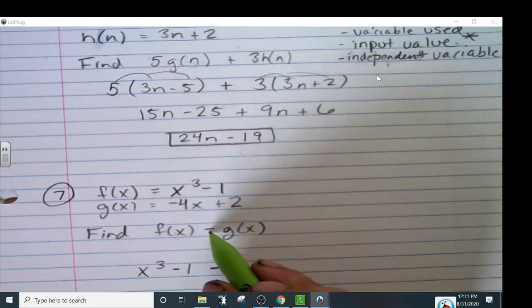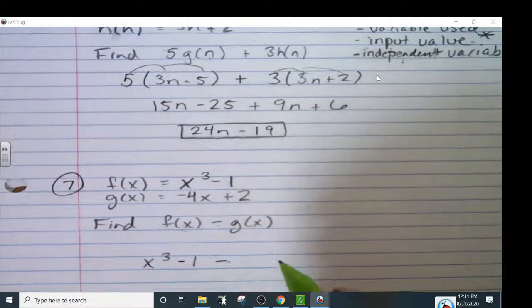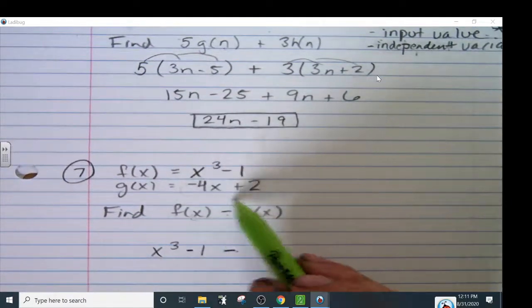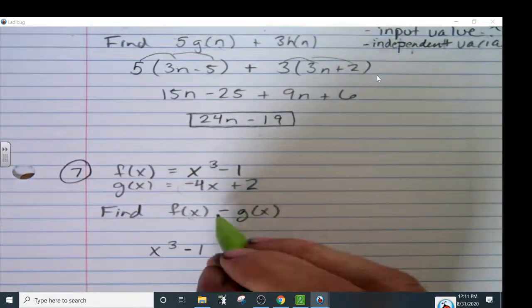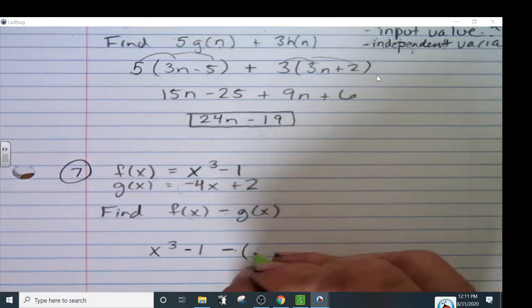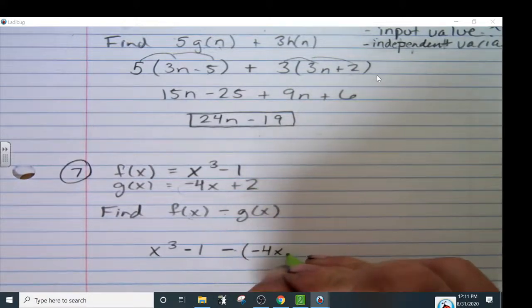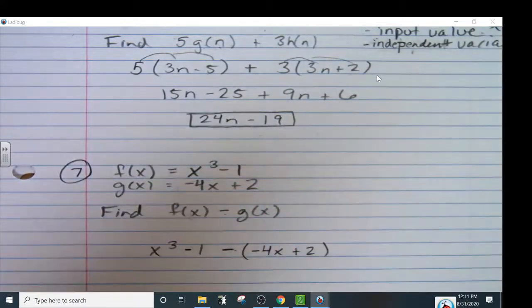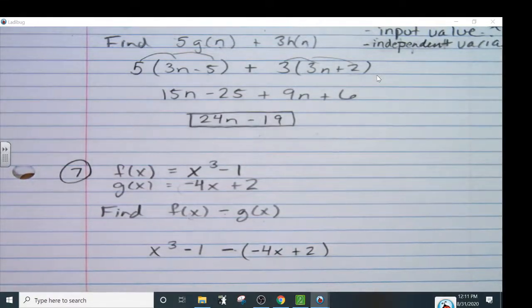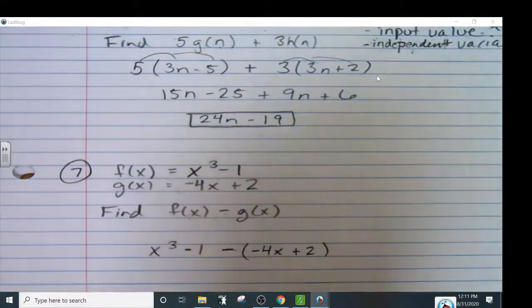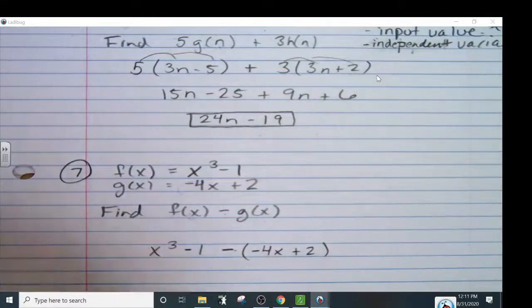Now the minus here is what brought it down here. The g of x, which is this guy right here, you need to put in parentheses, because it's being subtracted. If not, it will be wrong every single time. The left side won't matter. It's the part that's being subtracted.